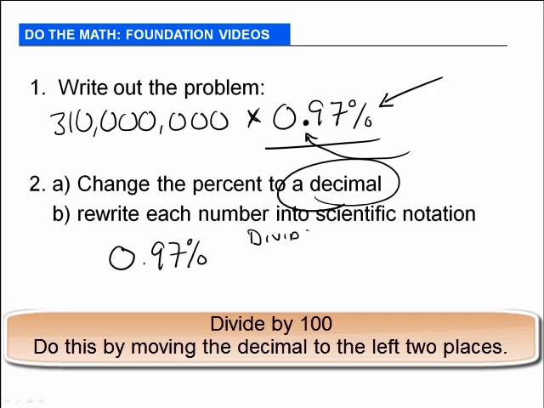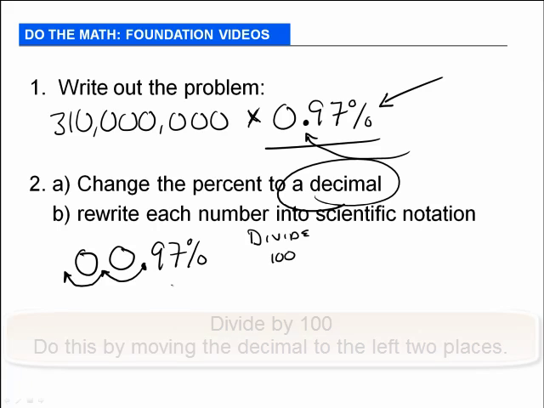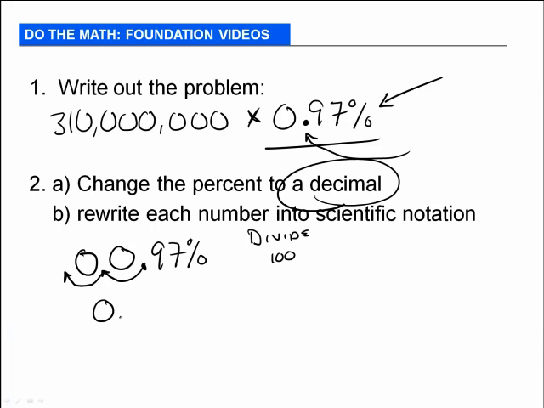To divide by 100, you take this decimal and move it over 2 places to the left. So 1, 2. So you're going to put another 0 there. So that's 0.0097. And we want to still multiply that by 310 million.